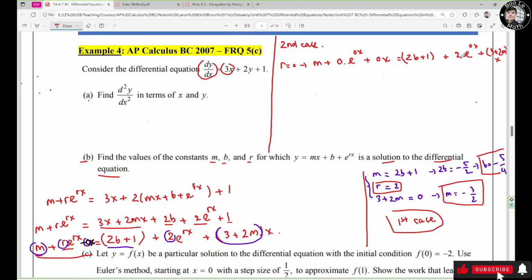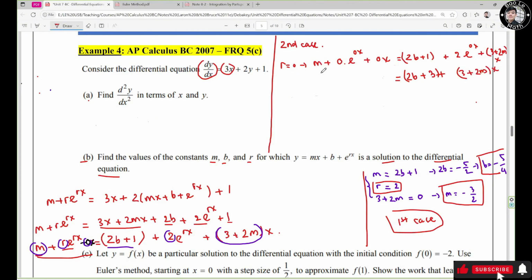Now on the right hand side, observe that this one is a constant, so it could be 2. I'm going to add over here. So this turns out to be 2b plus 3 plus 3 plus 2m times s.